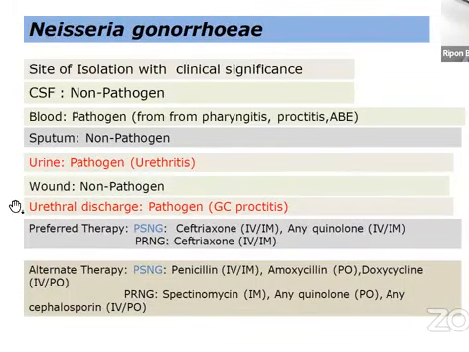Now, Neisseria gonorrhoeae. They are pathogenic in the urogenital system, as in urine and urethral discharge. They cause urethritis and gonococcal proctitis and other complications, but usually they are not pathogenic when we get them from CSF, sputum, or wound infections.